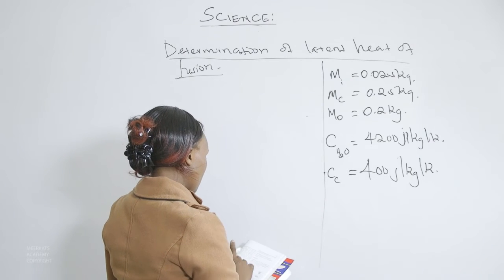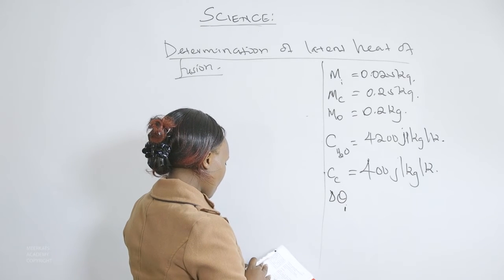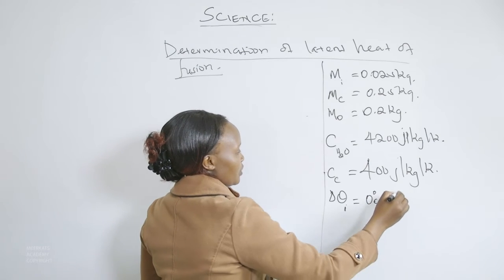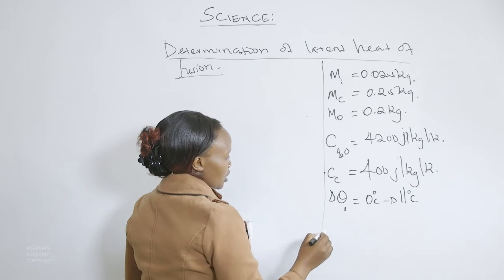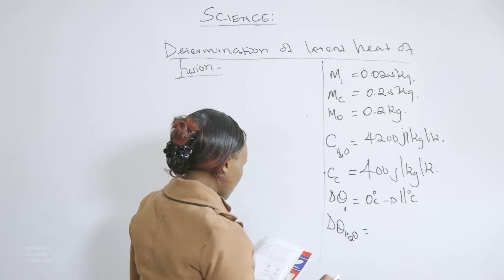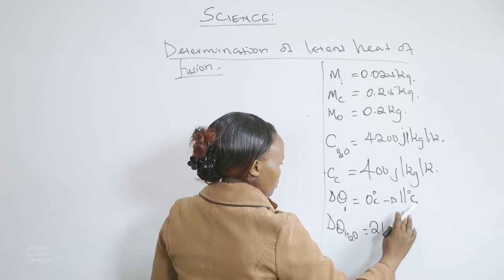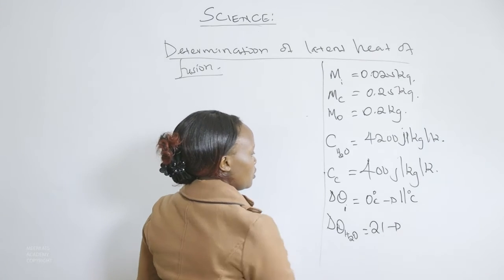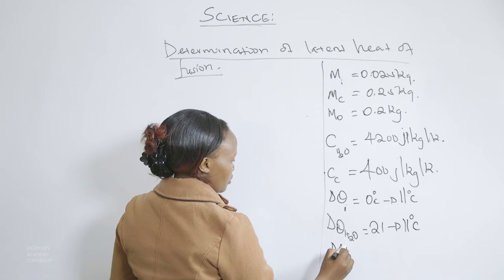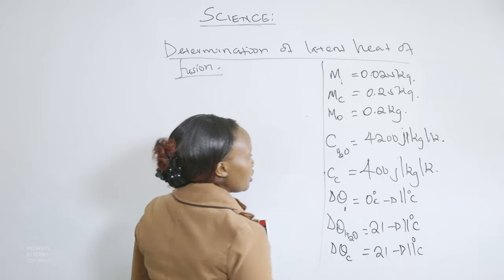Now, temperature change of ice is from 0 degrees centigrade to 11 degrees centigrade. That of water is from 21 to 11 degrees Celsius, and that of the calorimeter is also from 21 to 11 degrees Celsius.